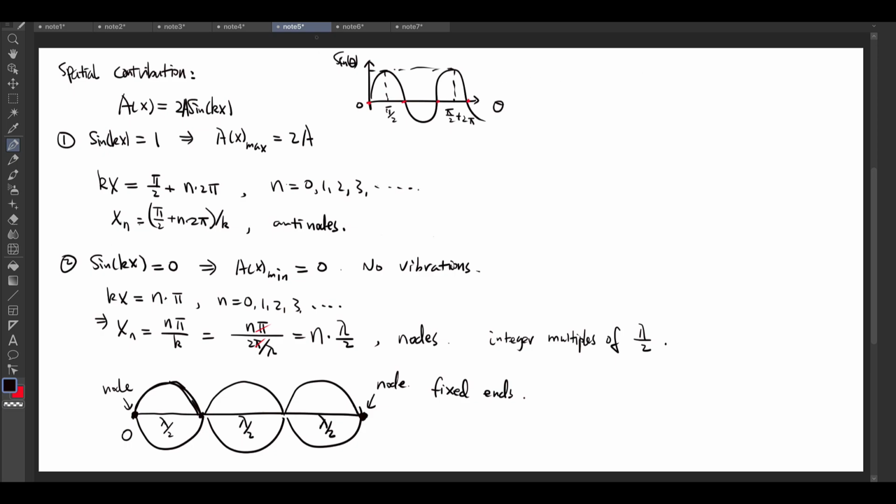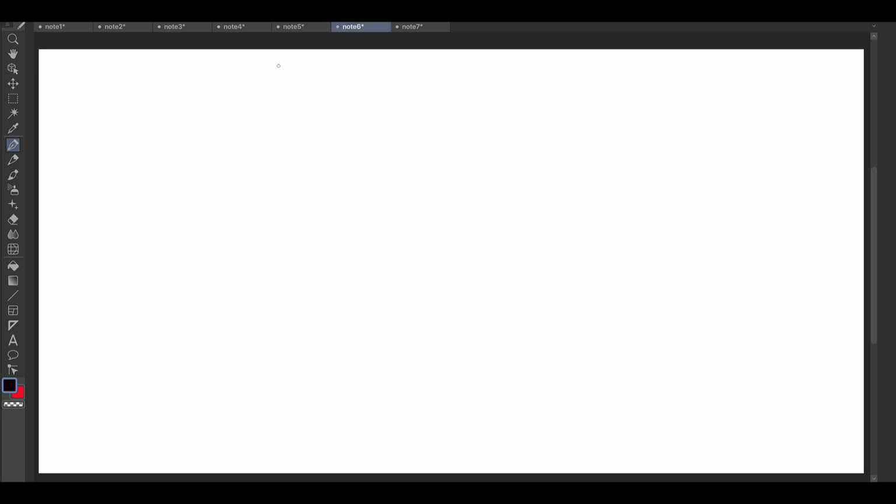And let's talk about standing wave orders. Now the first order, which is also called a fundamental mode, is given by this shape.